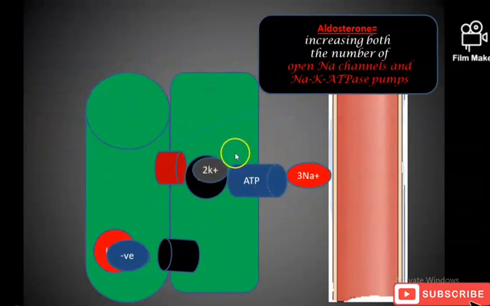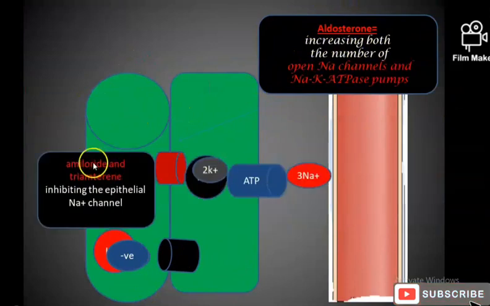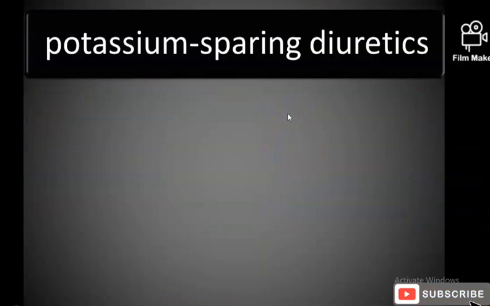So any drugs that inhibit the sodium channel, and also any drugs that inhibit aldosterone activity, can lead to hyperkalemia. Amiloride and triamterene inhibit the sodium channels, and there are other drugs, spironolactone and eplerenone, that are aldosterone antagonists, and both of these drug groups can lead to hyperkalemia.